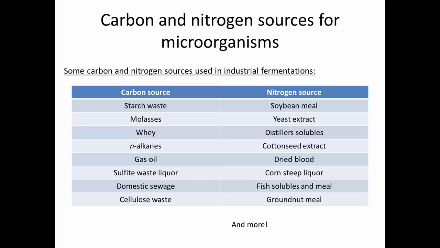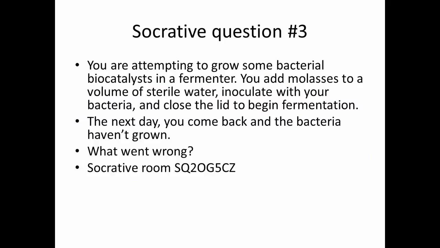Okay, so another Socrative question we'll go over real quick. You are attempting to grow some bacterial biocatalysts in a fermenter. You add molasses to a volume of sterile water, inoculate with bacteria, close the lid, walk away and let the fermentation begin. But the next day you come back and the bacteria haven't grown. Well, what went wrong?